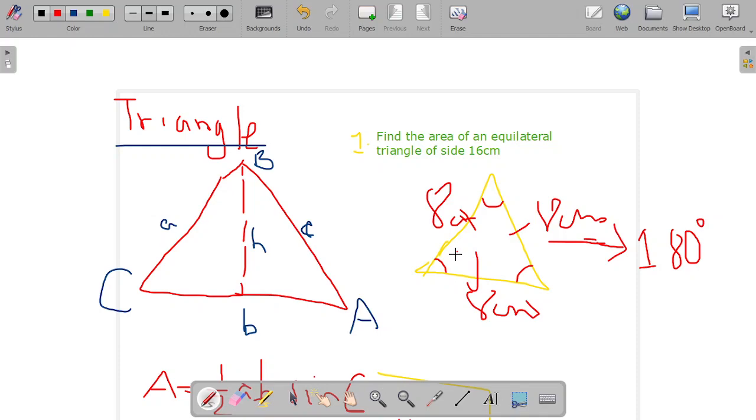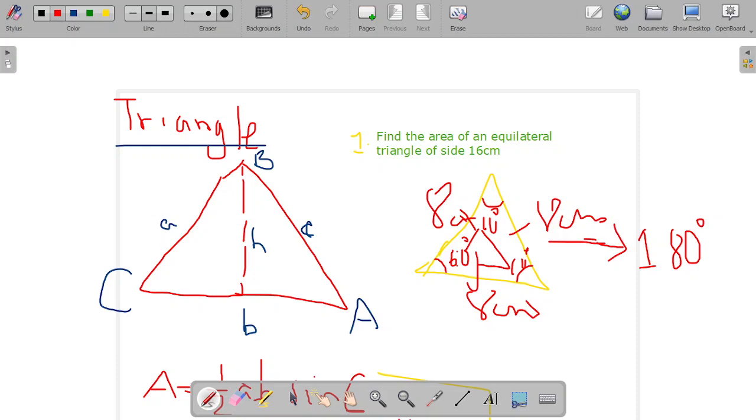The only angle that can do that is 60 degrees, because this part is 60, this part is also 60, and this part is 60 degrees. That is when we can get 180, by saying 60 plus 60 plus 60, which is 180. If this was 50, 50, 50, they can't give 180, which implies that the angle in an equilateral triangle is 60 degrees.